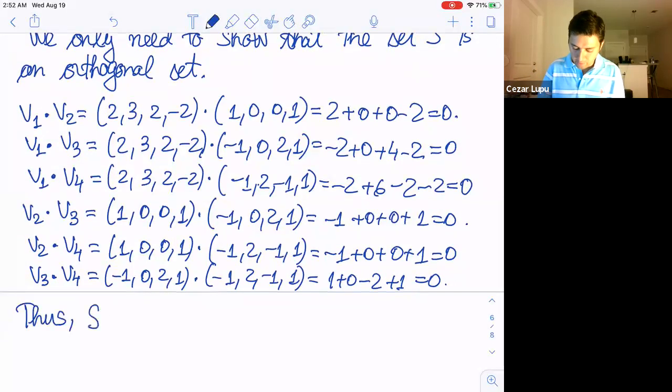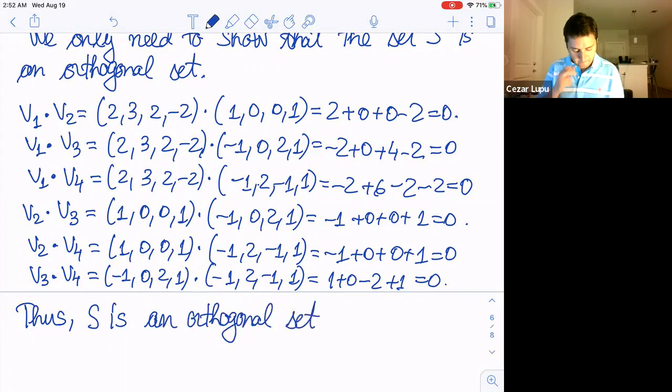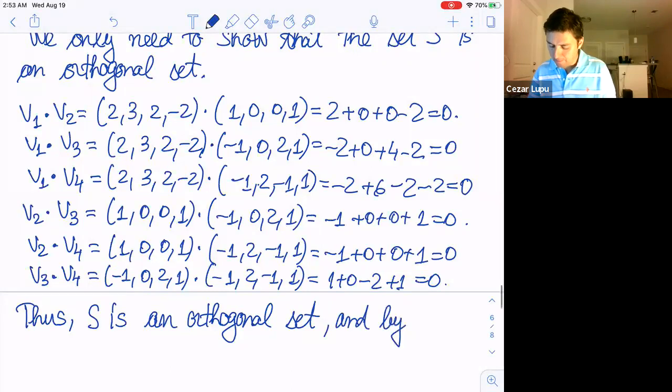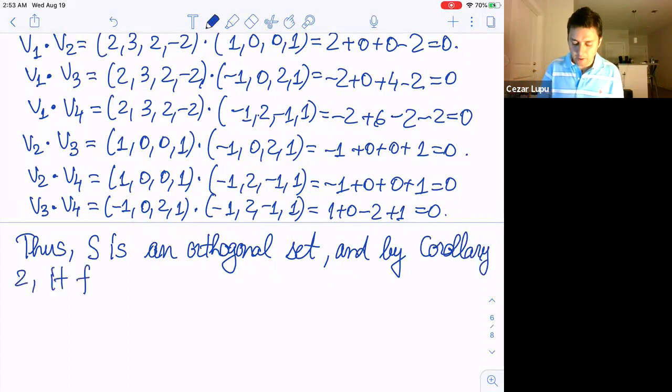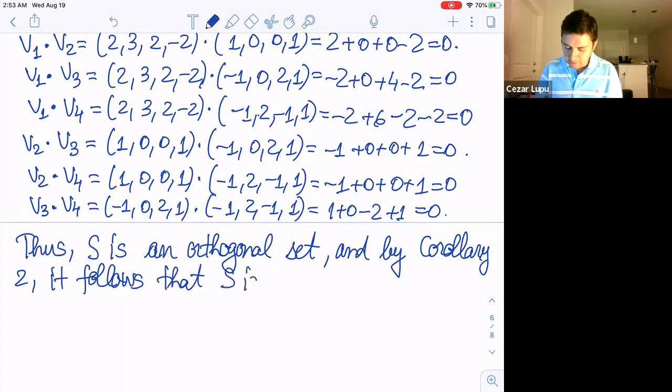Thus, S is an orthogonal set, and by corollary 2, it follows that S is a basis for R4.